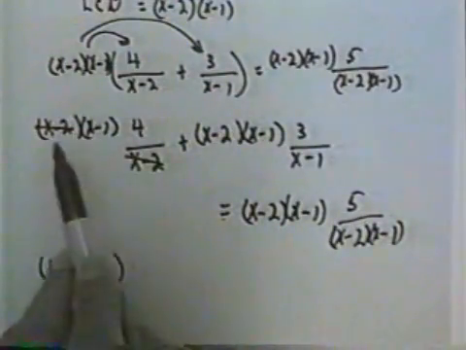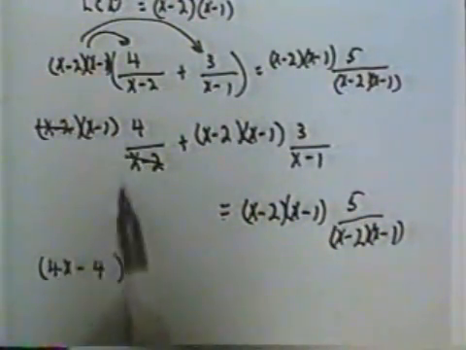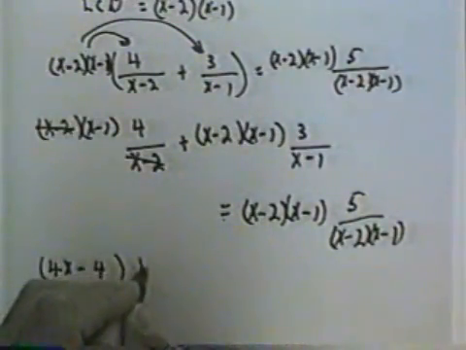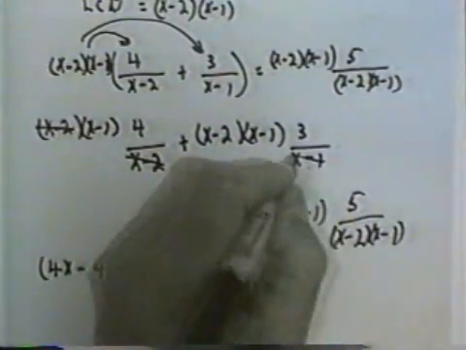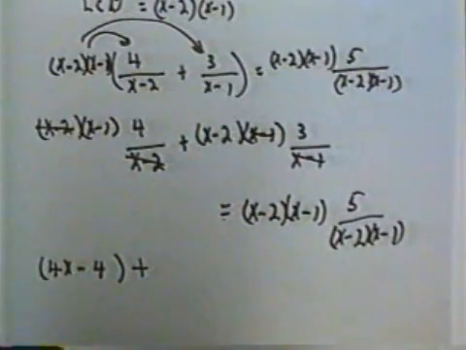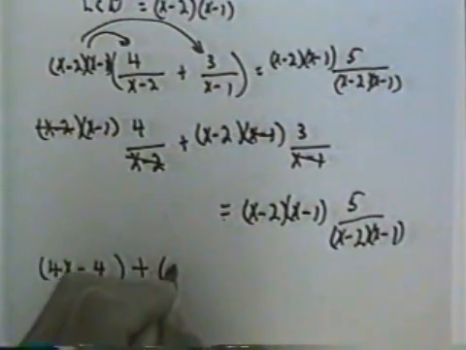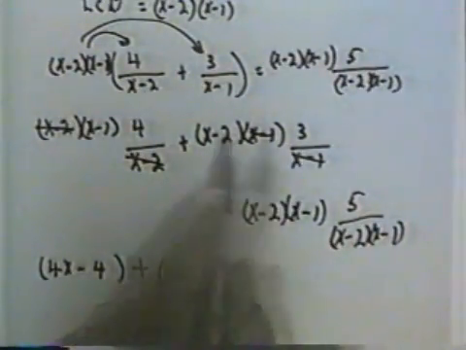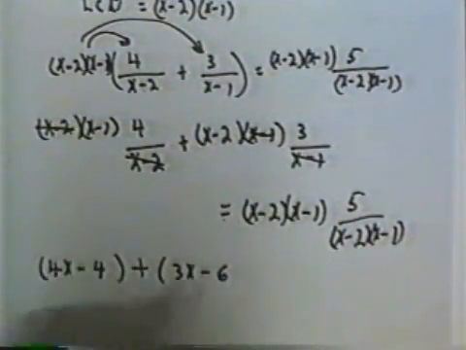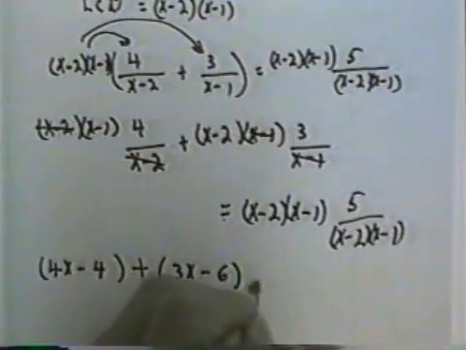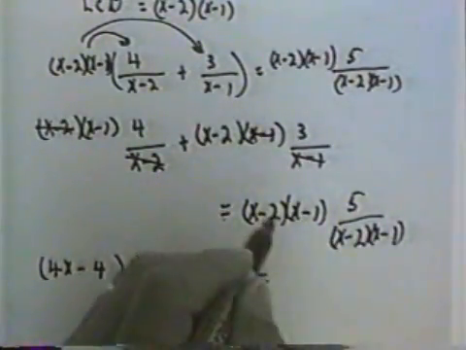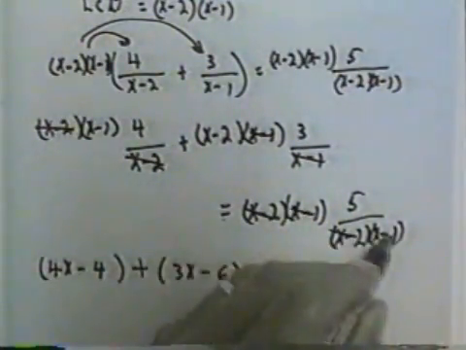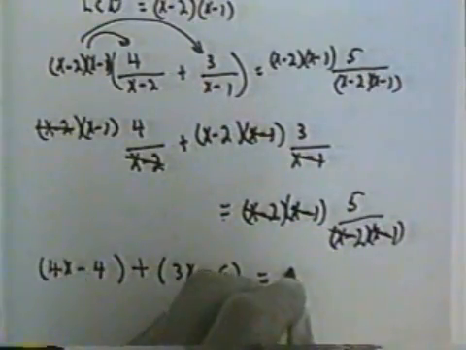I'm going to put that in parentheses to show that's what happened with the first term. Plus now, here, the x minus 1's cancel. So I'm left with 3x minus 6. 3 times x is 3x, 3 times 2 is 6, is equal to, here, both cancel, so I'm left with 5.